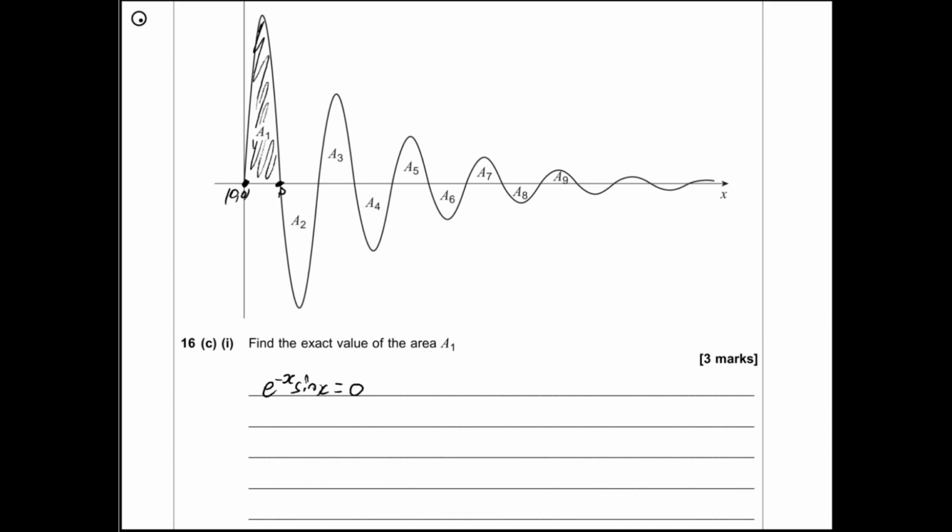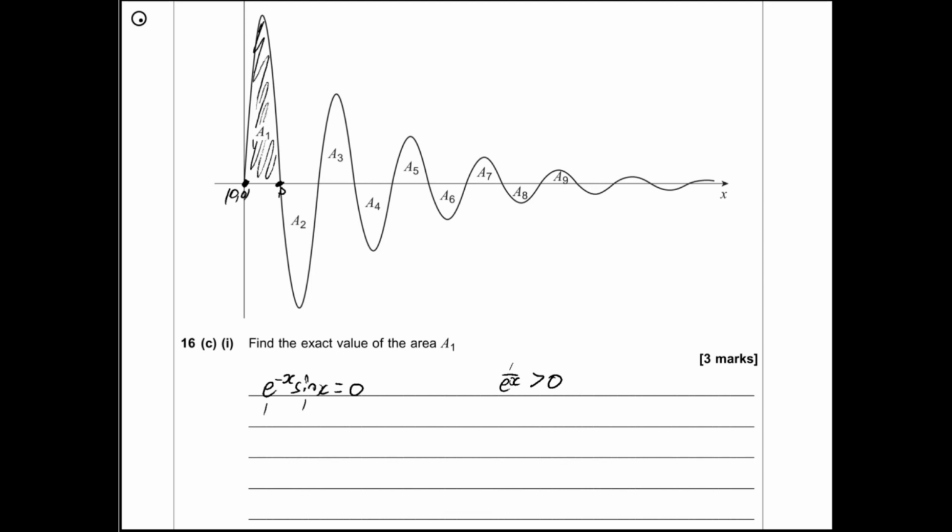Now, we've got 2 different things right here with variables in them. Sine x can equal 0, right here. But e to the minus x, same as writing 1 over e to the x, cannot equal 0, and it's actually always greater than 0.